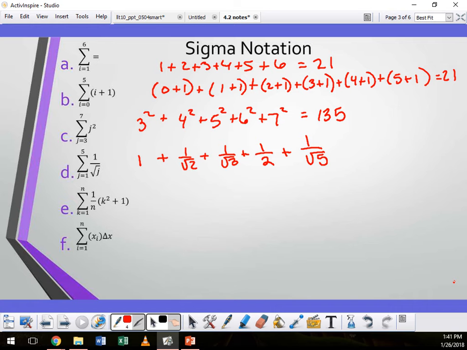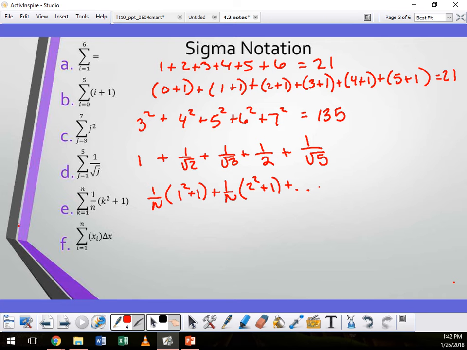Okay. Got it. So if I was to look at E, I would plug in 1, square it, right? And then 2, square it. So it would look like this. 1 over n, right? 1 squared plus 1, plus 1 over 2 squared plus 1, plus dot dot dot.